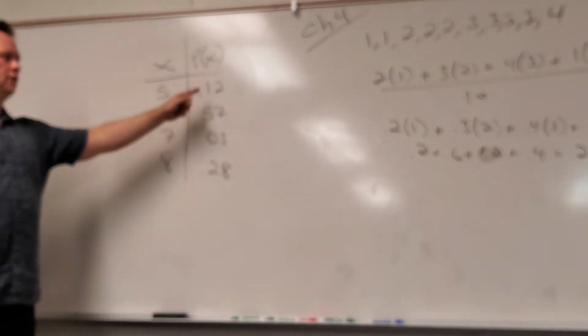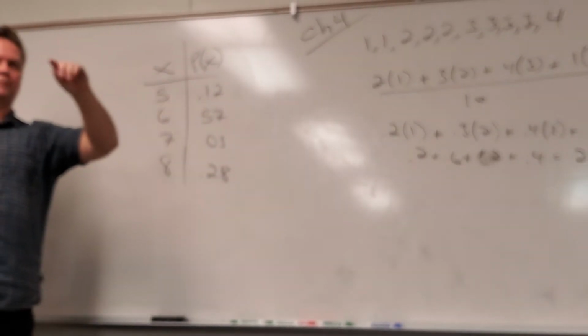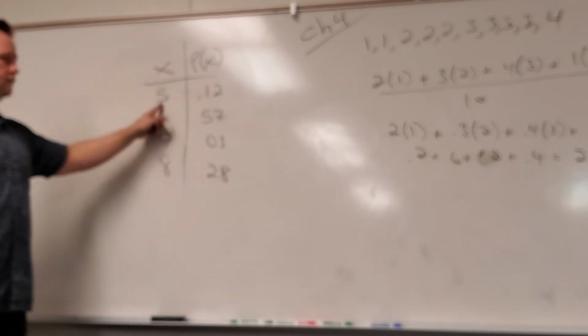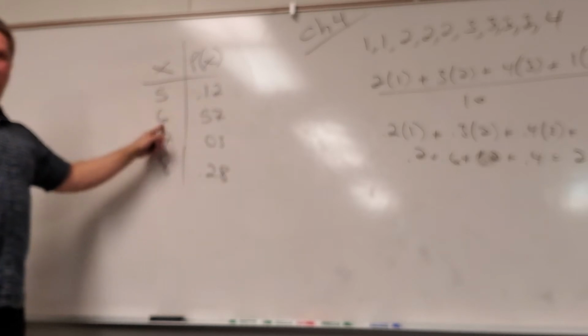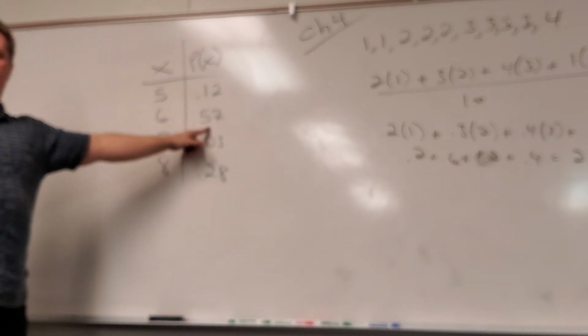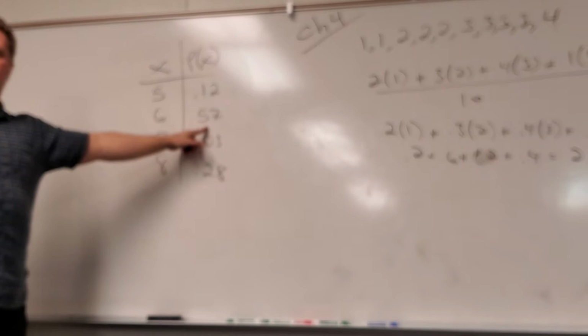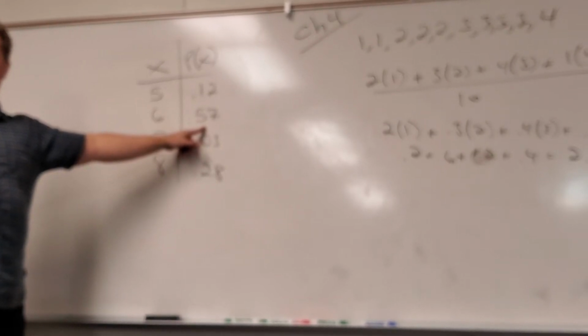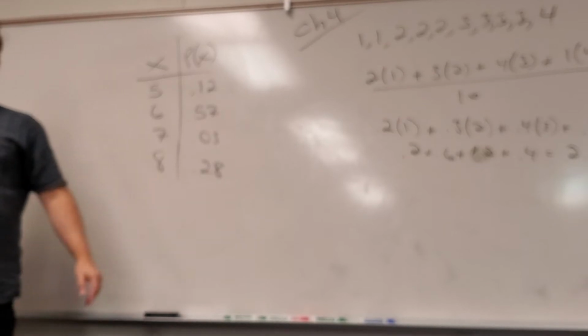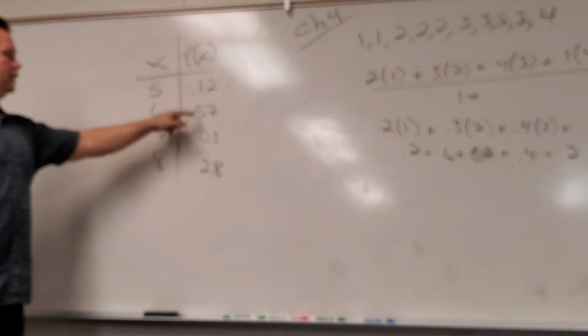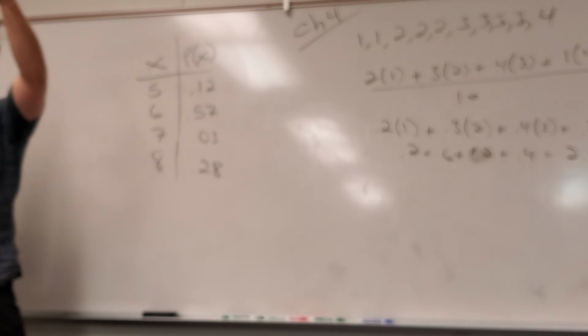What does this mean? I have 10 billion data points, but what percentage of them are 5s? 12%. What percentage of them are 6s? 57%. You with me? So again, this represents 10 billion data points, but I'm just putting them in a much better form, am I not?